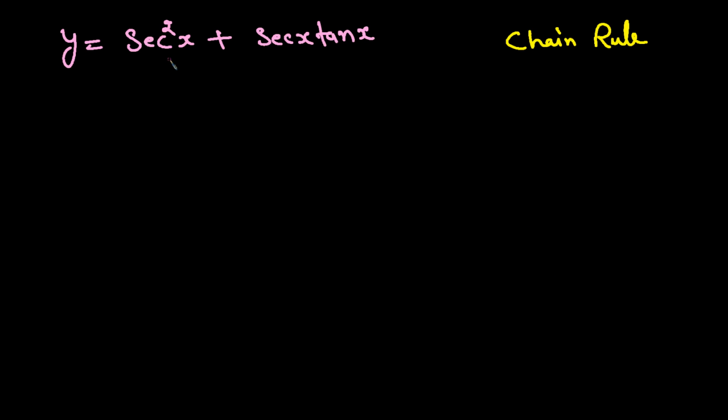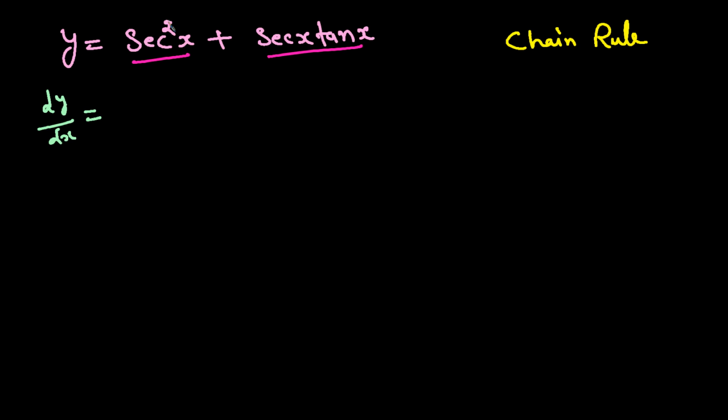So the next one is basically y is equal to secant square x plus secant x tangent x. So we're going to use the chain rule and the product rule. Here we're going to use the chain rule, and for the second part we're going to use the product rule of derivative. So dy over dx is equal to, secant square, so outside, we find the derivative of the outside.